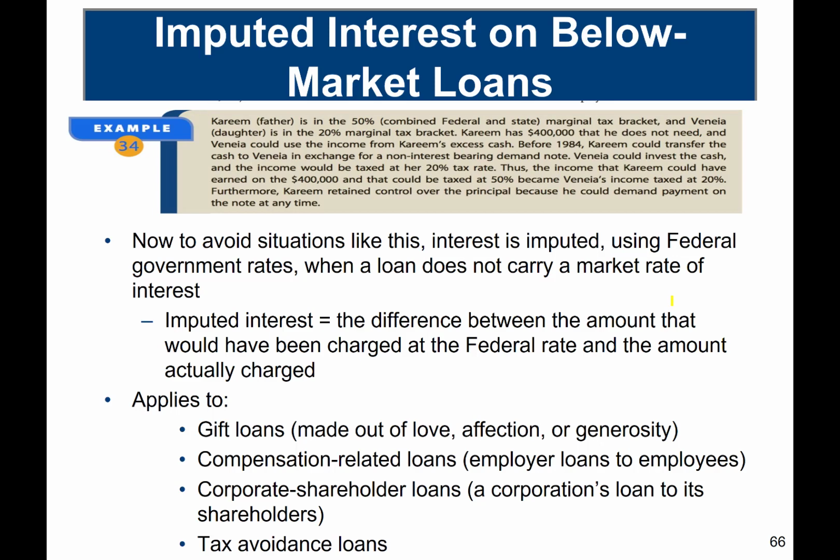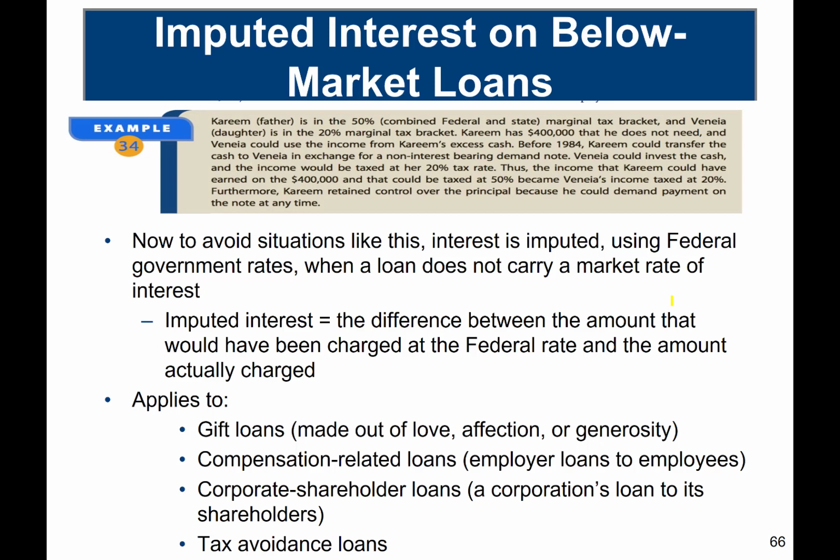Okay, good. Come over and take a look at imputed interest on below market loans. So what happens here? I lend out some money to, say, a kid. And I say, well, I still own the cash, but the interest is yours on this deposit.